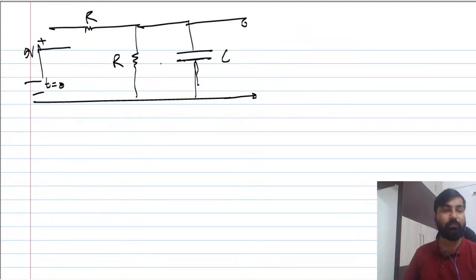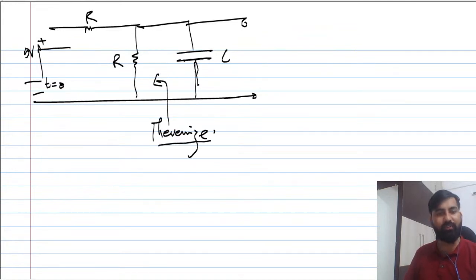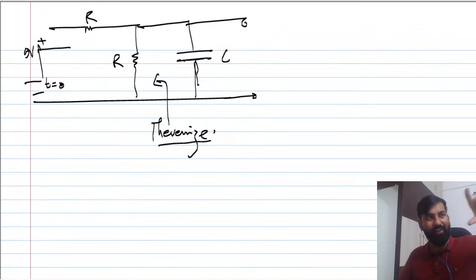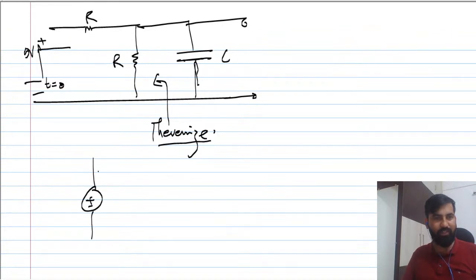Okay, so in this case you can Thevenize from here. Thevenin was a guy who sees the circuit back to the network, he always sees one resistance and one voltage. So you can say this is one voltage here, the step voltage at t equal to 0.